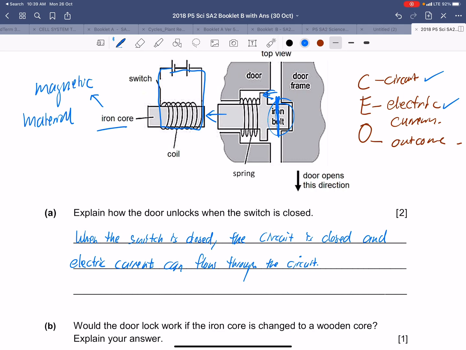Let's talk about outcomes. As electricity flows through the iron core, the iron core becomes an electromagnet.